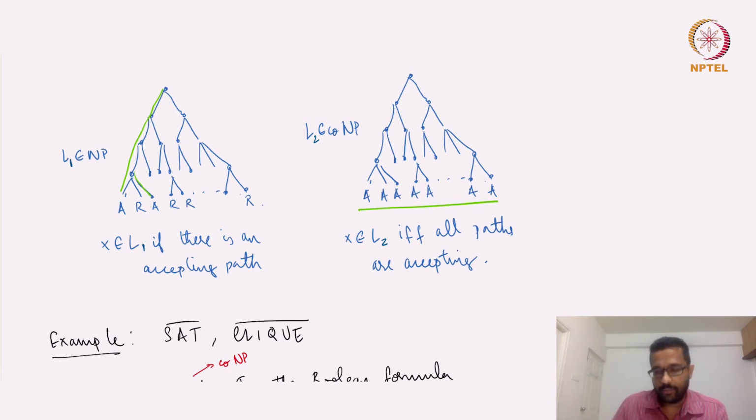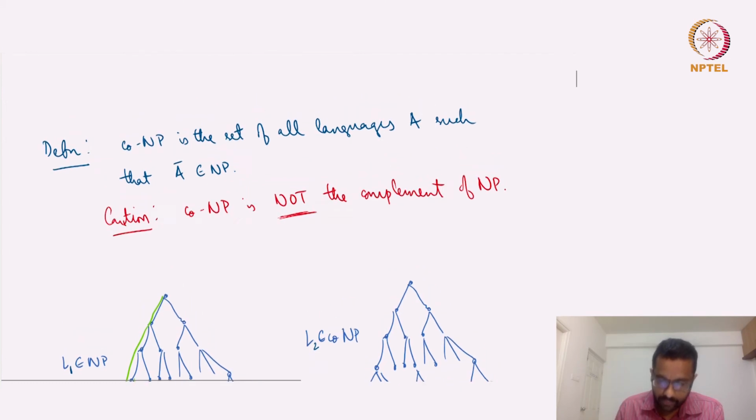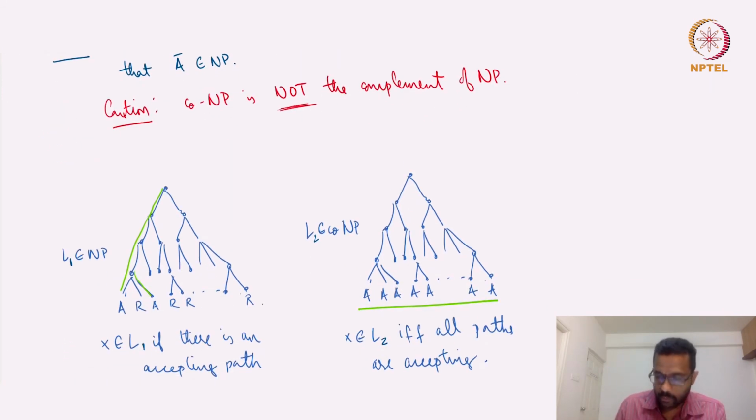If you put it on the same machine, there has to be at least one reject. But that's the same as relabeling reject and accept: it's the same as asking there has to be at least one accept, which is what we check in NP. So that is another way to understand co-NP.